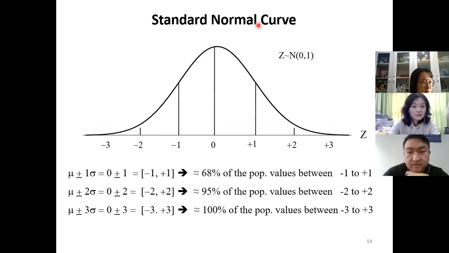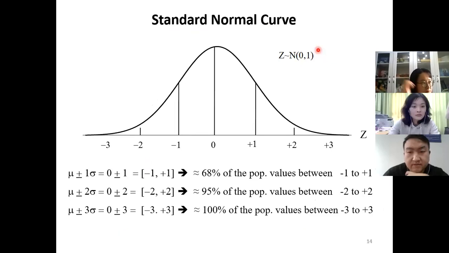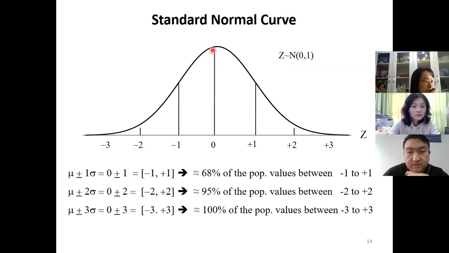Now, the standard normal curve. So what does it do? Look at the 50 and 5. It transforms to 0 and 1. So 50 becomes 0, and then 1, 2 and 3 standard deviations on one side, and -1, -2, -3 on the other side. The standard deviation is 1, and the center is 0.